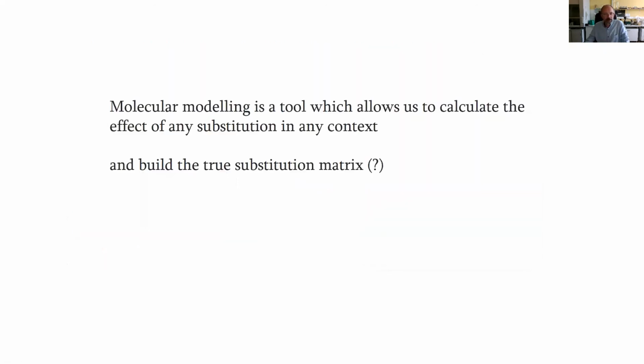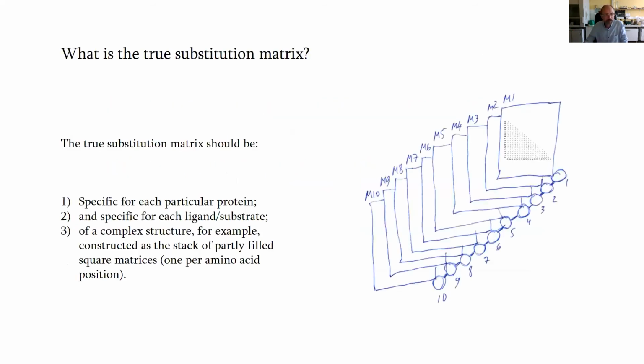And with molecular modeling, we have a perfect tool which allows us to calculate the effect of any substitution in any context and build the true substitution matrix. Just imagine what it can be. We think that the true substitution matrix should be, first, specific for each particular protein; second, specific, of course, for each ligand or substrate; and third, of a complex structure, for example, constructed as a stack of partly filled square matrices, one matrix per each amino acid position.